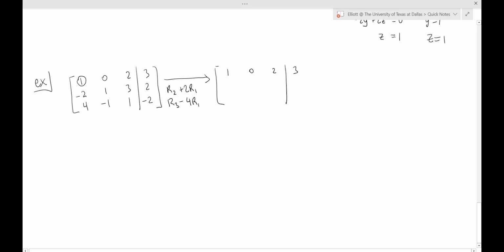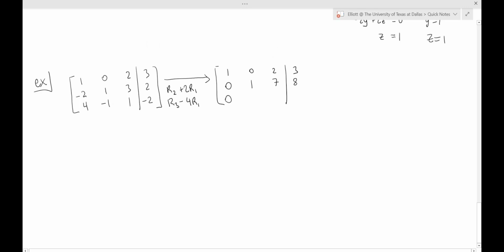Okay. So we'll have row 2 plus 2 row 1, so negative 2 plus 2, 1 plus 0, 3 plus 4, which is 7, and 2 plus 6, which is 8. And then row 3 minus 4 of row 1, so 4 minus 4, 0.